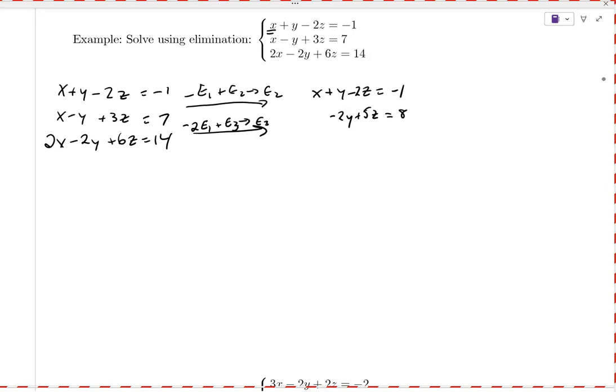So again, -2 times the x added to 2x will give us 0. -2 times y is -2y, minus 2y gives us -4y.